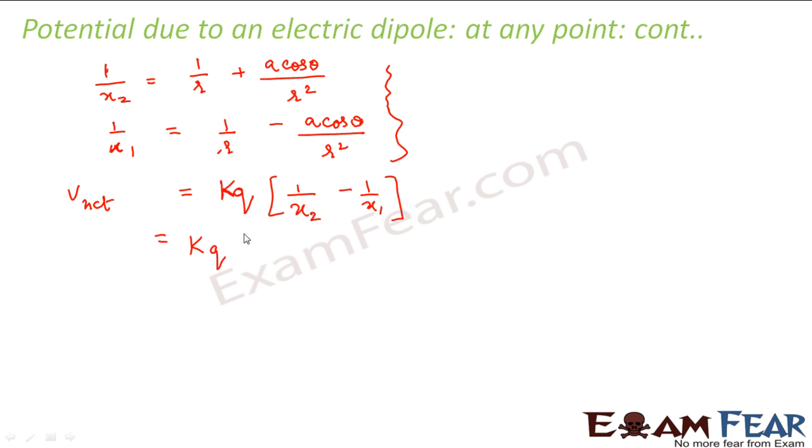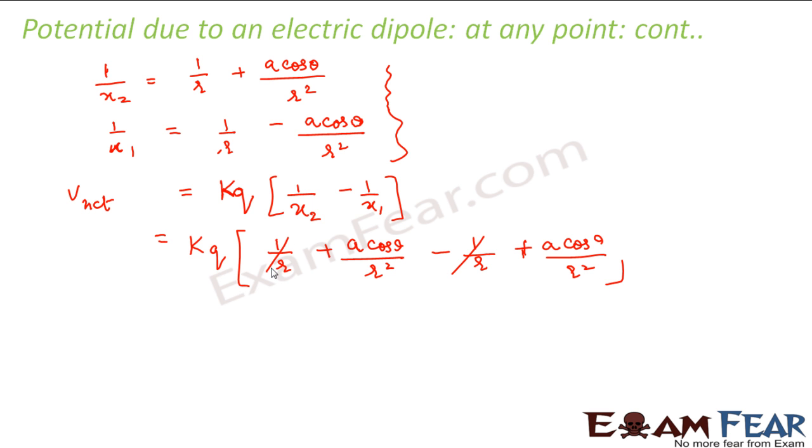So what do we get? KQ into 1 by r plus a cos theta divided by r square, minus 1 by r minus a cos theta divided by r square. So 1 by r and 1 by r get cancelled. So you are left with KQ into 2a cos theta divided by r square.